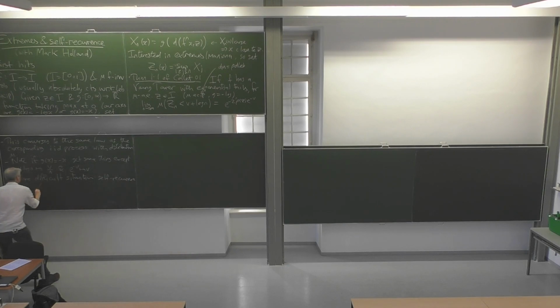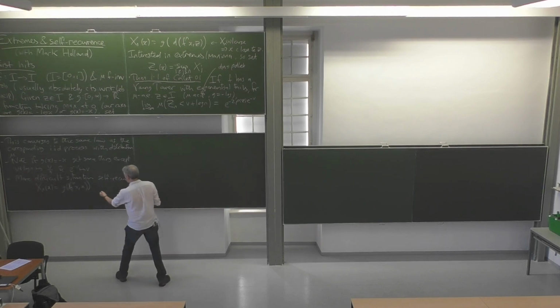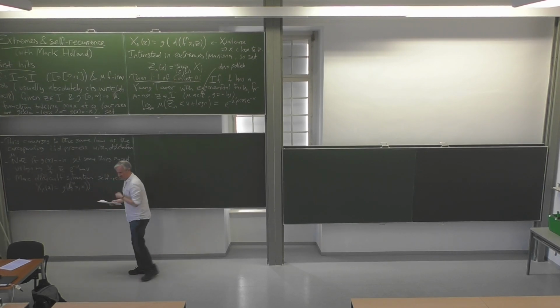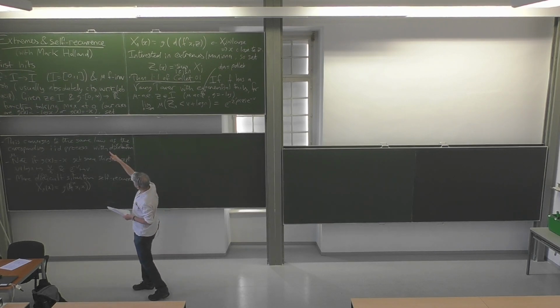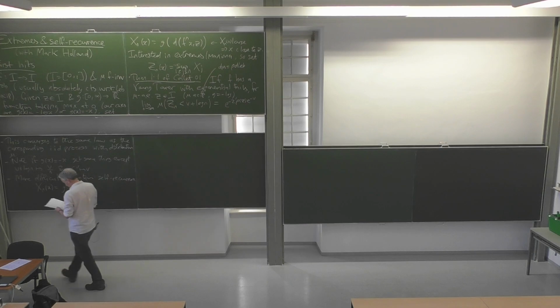So here, instead, X_n of x is equal to g of the distance from f^n of x to x. So you take your x, and you see how close the iterates of x get back to x again. So you no longer have this fixed z, it's a different setting.